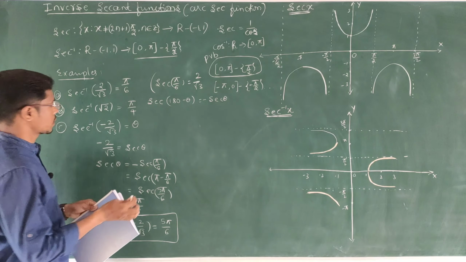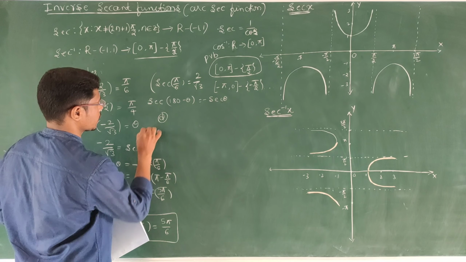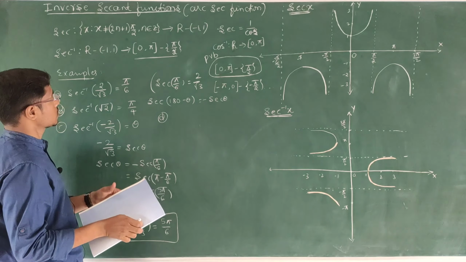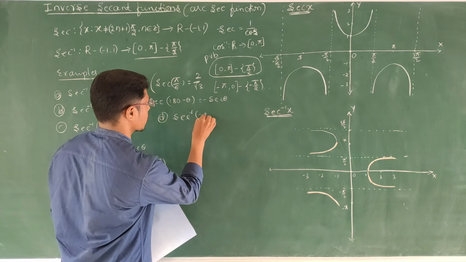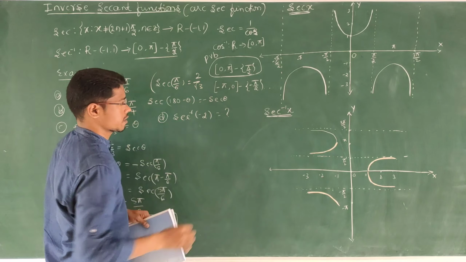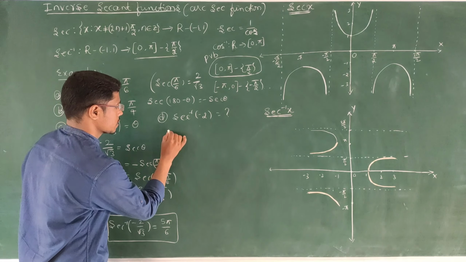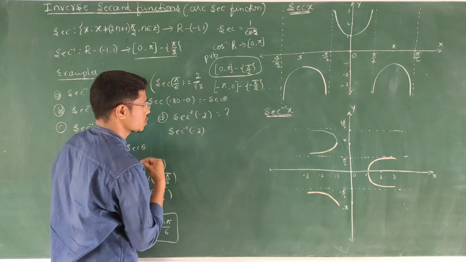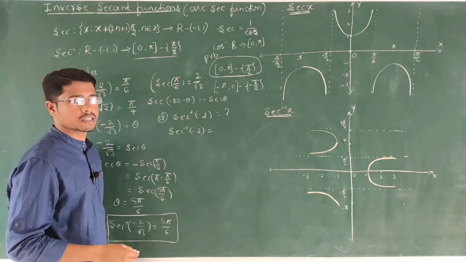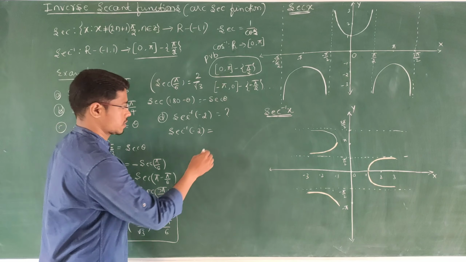Okay. So one more example, I will write here the sec inverse of minus 2. Sec inverse of minus 2 is equal to question mark. Okay, so let us see. I will write directly, see dear students, pi minus.